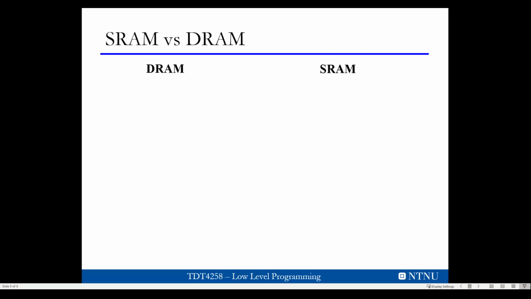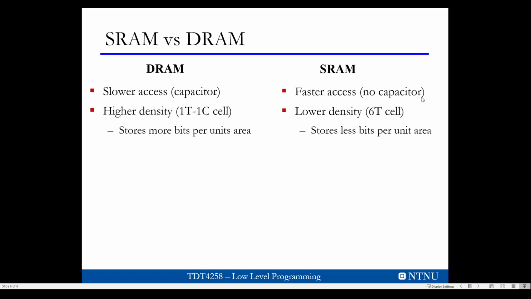Okay, so let's compare the characteristics of SRAM and DRAM now. As we have already seen, DRAM is slow because it stores the charge in a capacitor. Accessing a capacitor is slow because of its RC delay curve. Whereas SRAM is much faster because it does not involve any capacitor in storing the data. On the positive side, DRAM provides higher density because it only needs one transistor and one capacitor to store a bit.